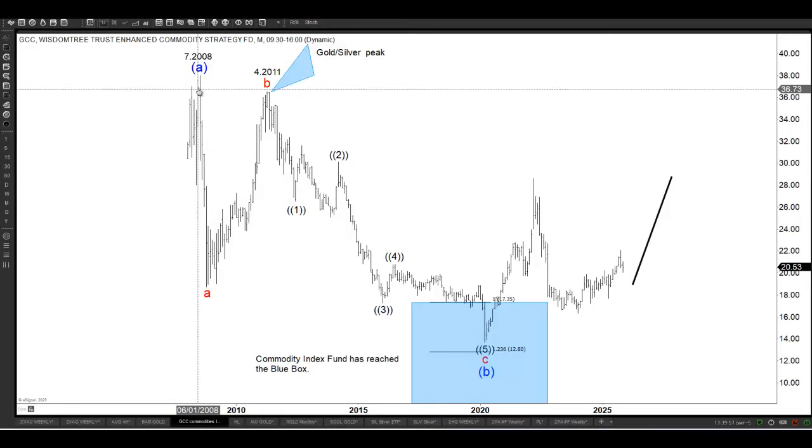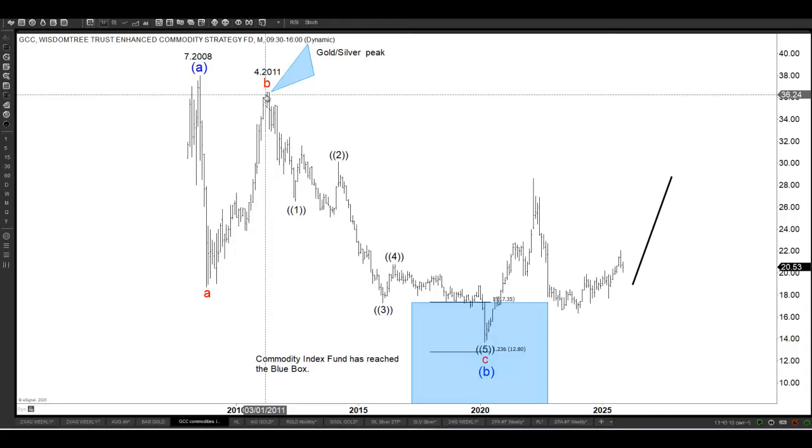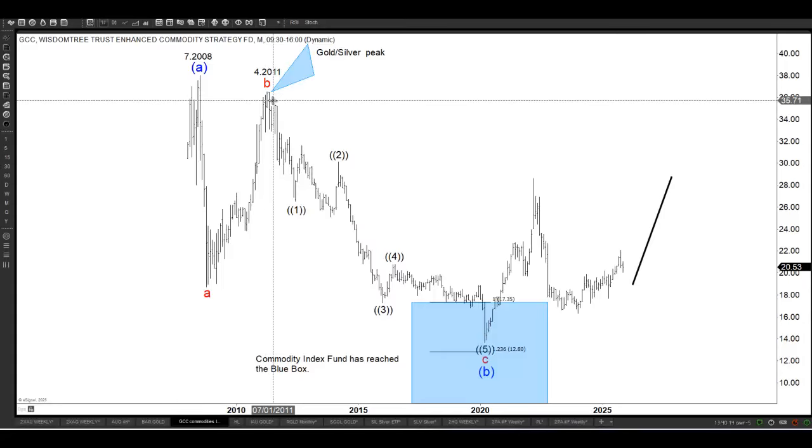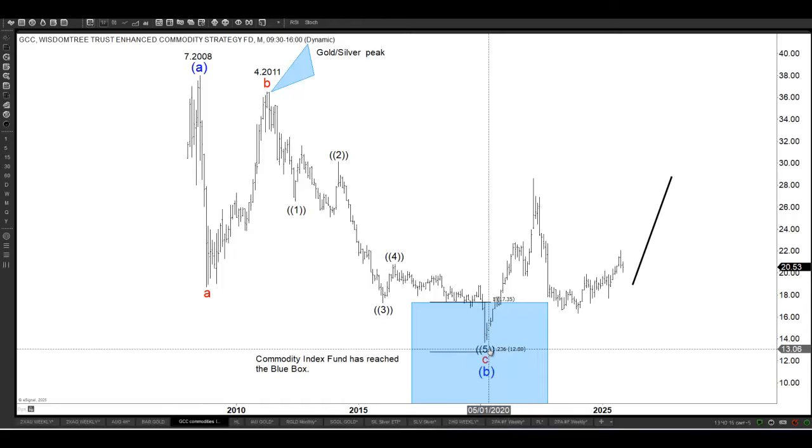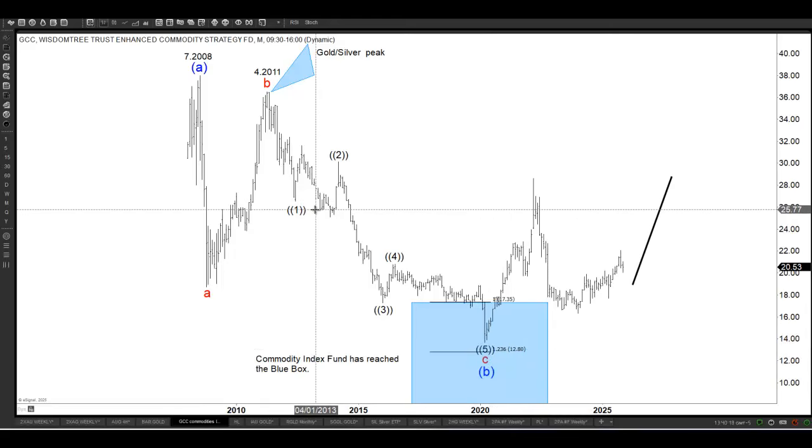This is 2008, this is 2011, 2008, 2011. It reached the buying area. It's lagging big time the others, Jonathan, Pedro, everyone.